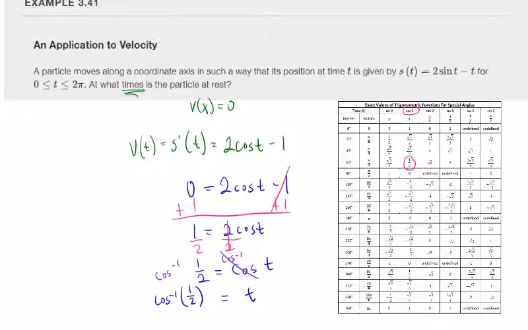Since we're dealing with radians here, we stay in the radian column. So here's one of our possible solutions, pi over 3. And remember, we're just going from 0 to 2 pi, so that's where I'm stopping. Another time it equals 1/2 is at 5 pi over 3.